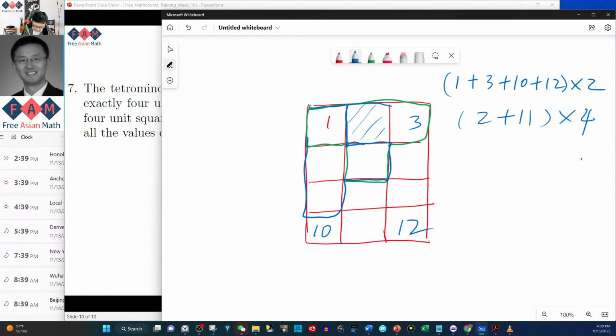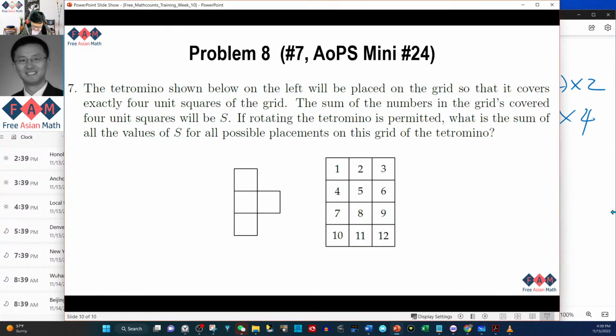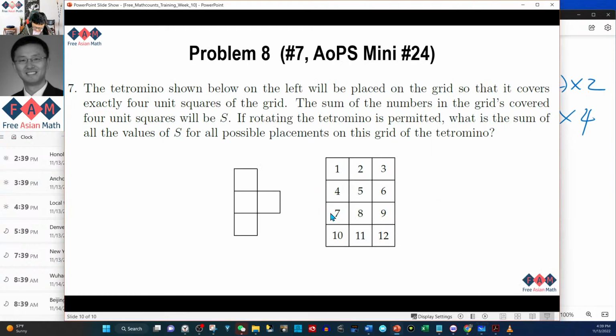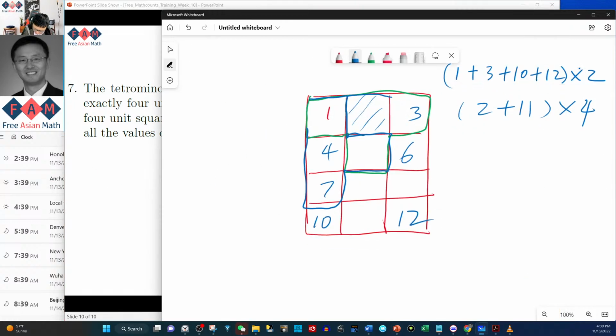So if you say for this one, 4, 6, and 7, 9, they are all symmetric, right? The symmetry is right there. The symmetrical nature determines that you don't have to do all of them. You just do 1, say 4, then 6 and 7 and 9 are symmetrical in the sense that you can rotate, they're equal.